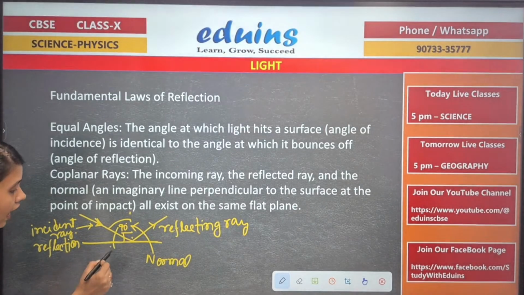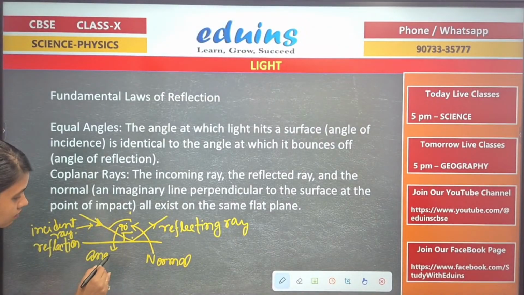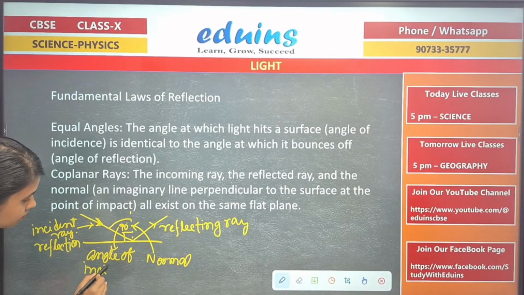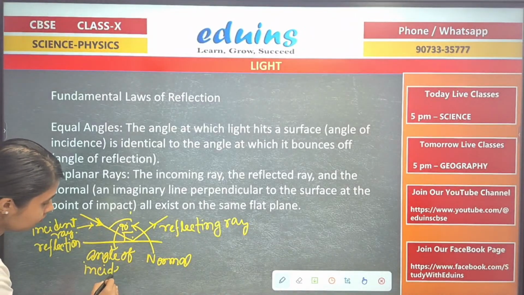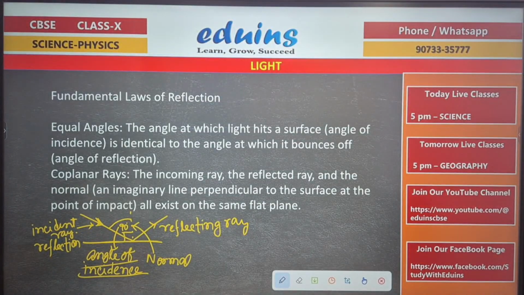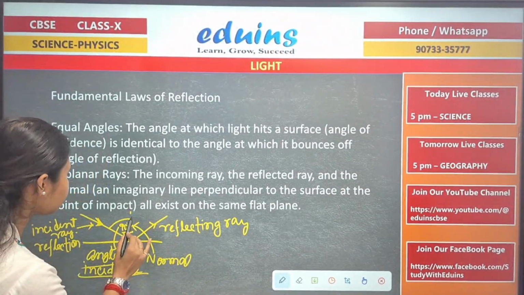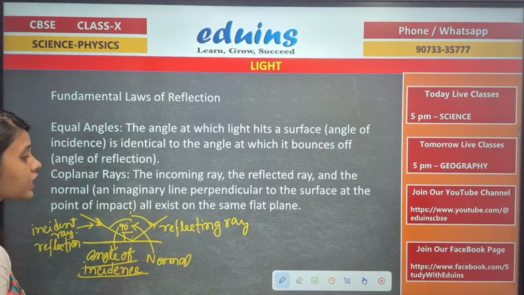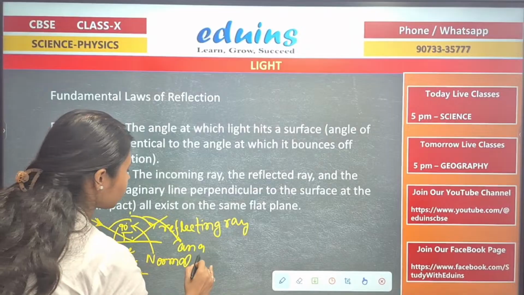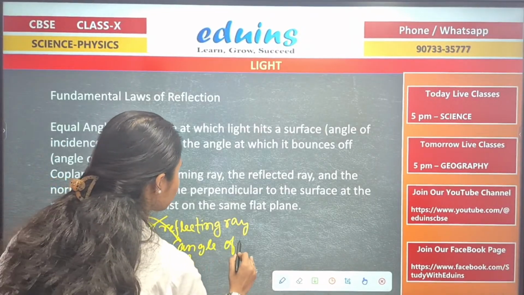So this is the angle of incidence. And the angle between the normal and the reflecting ray is called the angle of reflection.